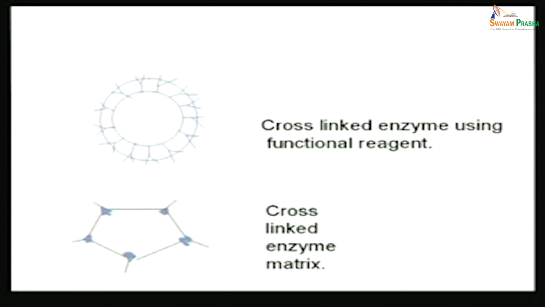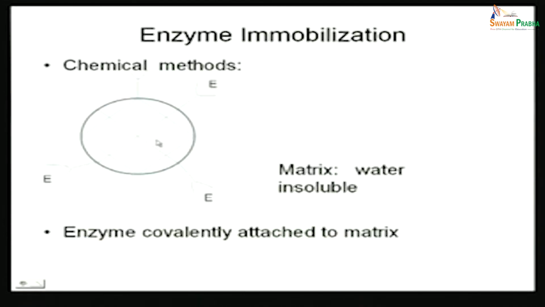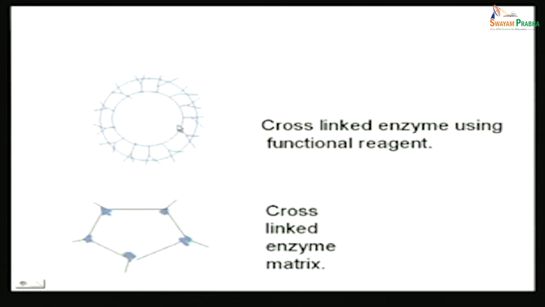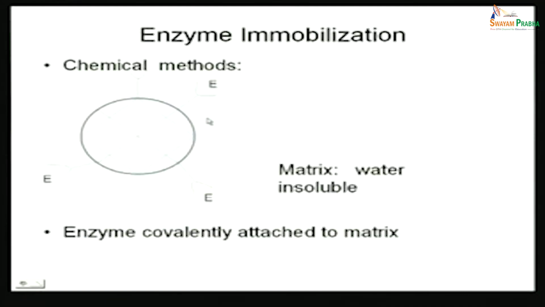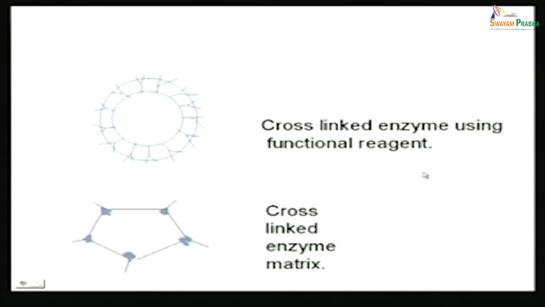Other chemical methods of enzyme immobilization are cross-linking of enzymes. If you compare with this one, this is a lot tighter arrangement in the sense that the enzymes are cross-linked. As is more or less obvious from the picture itself, the enzymes are cross-linked with a functional reagent embedded in the matrix, which allows the enzyme to cross-link to it. As a result, it is a much tighter arrangement.